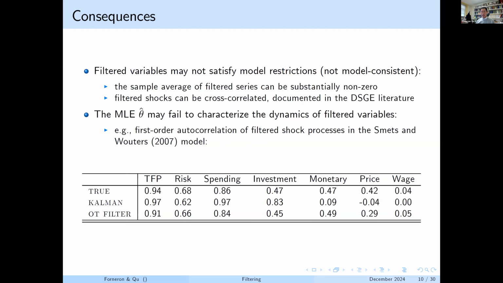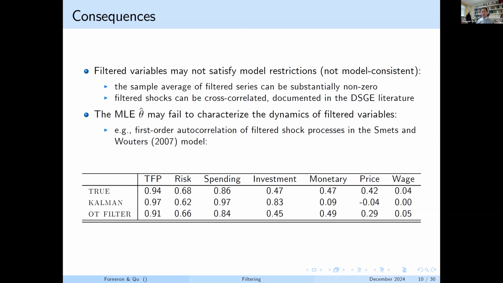But first we can take a closer look at the consequences of this model inconsistency. I already said at the beginning that a result of this is that the filtered variables may not satisfy model restrictions.